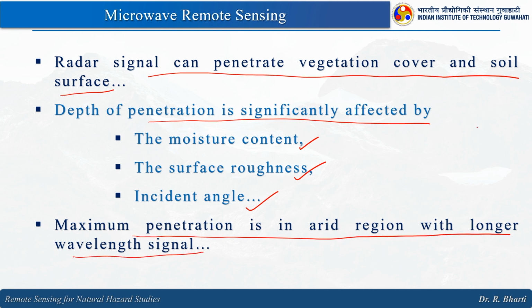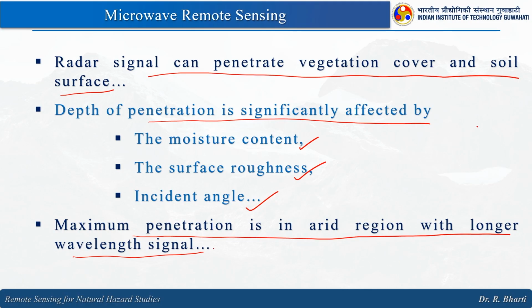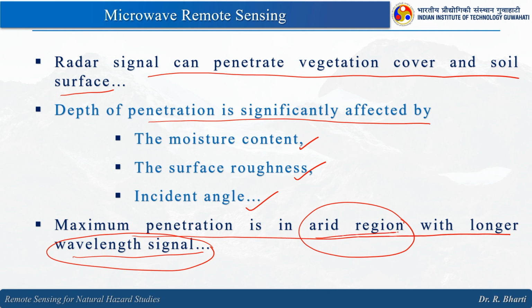So, you remember the different wavelengths we have used, and we have designated letters representing the wavelength in microwave remote sensing. So, that is the longer wavelength region that we have to choose, and the maximum depth of penetration we receive in the arid region. Why? Because of the water content.